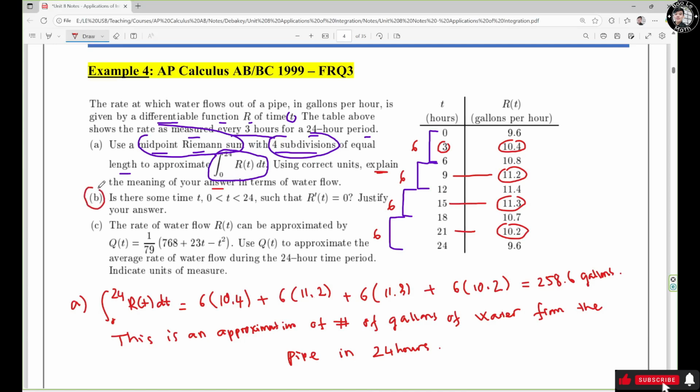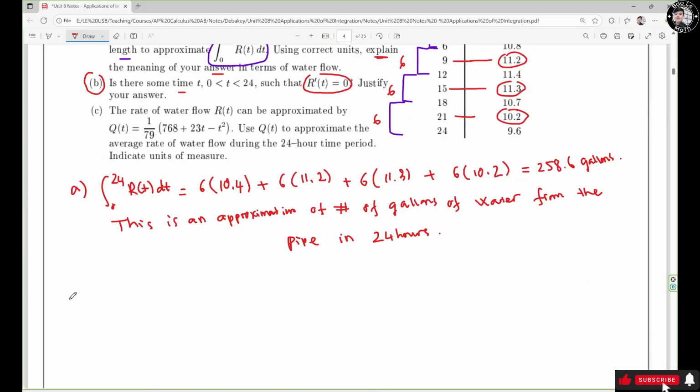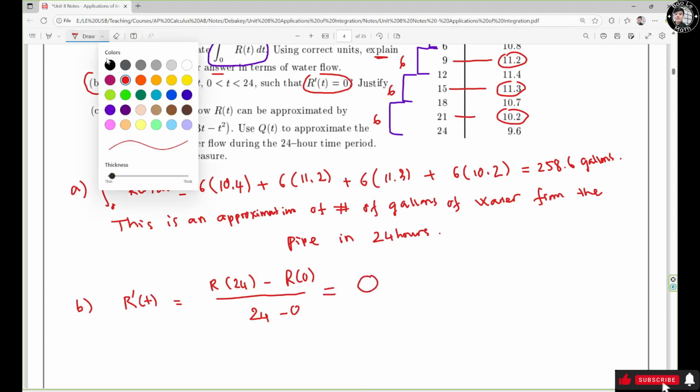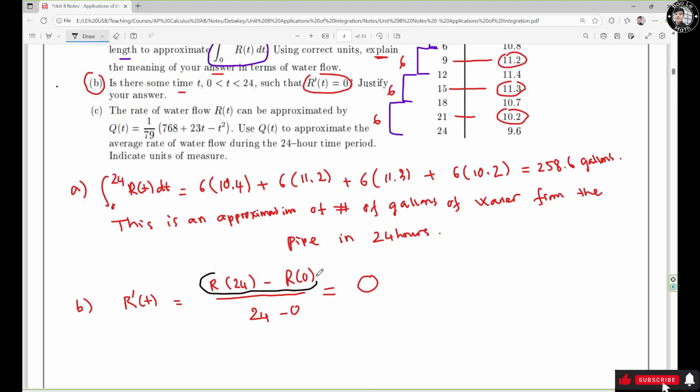Now let's move on to question B. Is there some time t from 0 to 24 such that r prime of t equals 0? Justify the answer. Alright, so we're going to use the mean value theorem. Now, by the mean value theorem, we have r prime of t equals r of 24 minus r of 0 over 24 minus 0. Now, to get this equal to 0, the numerator must be equal to 0.